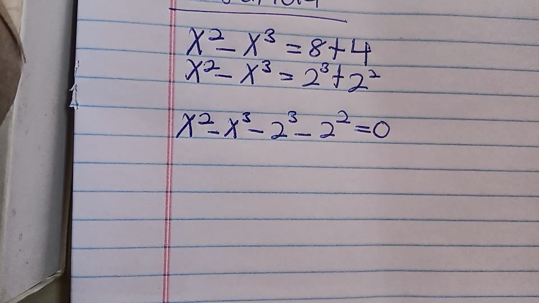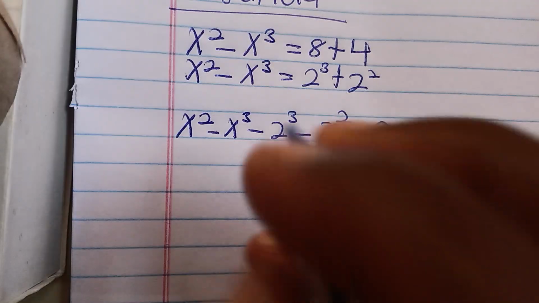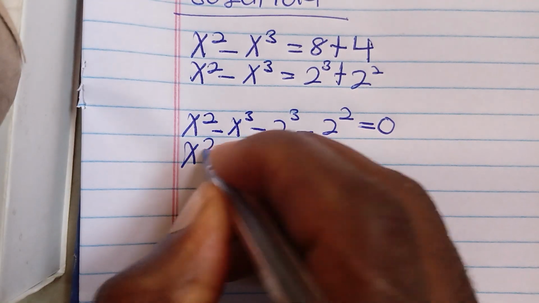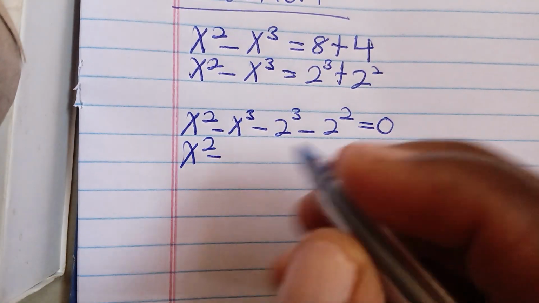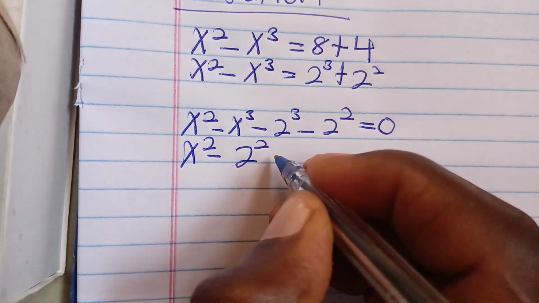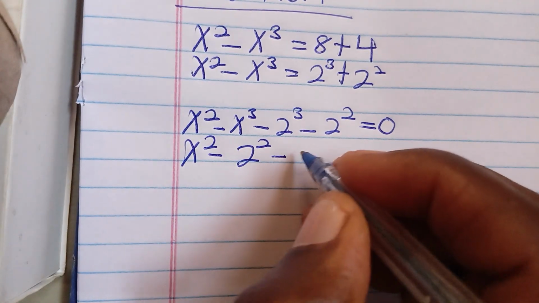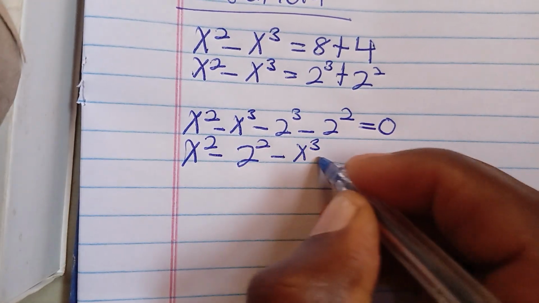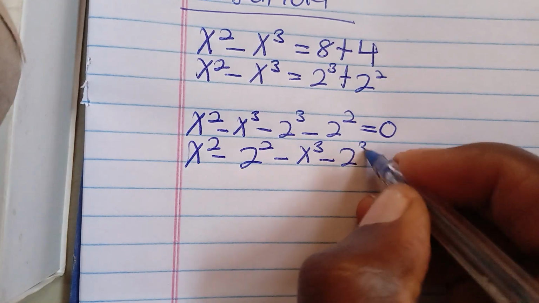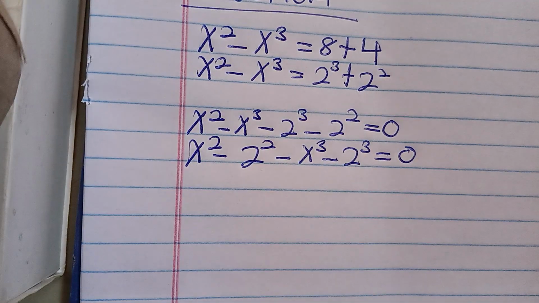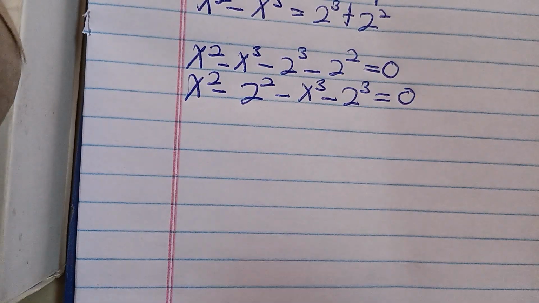Now let's group the squares and then group the cubes. So we're going to have x squared minus 2 exponent 2 minus x cubed minus 2 exponent 3 equals 0. So this is what we have.